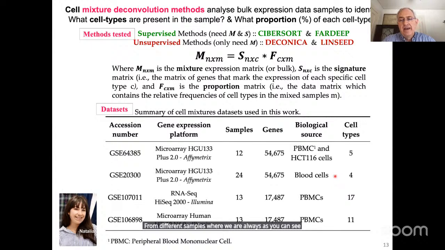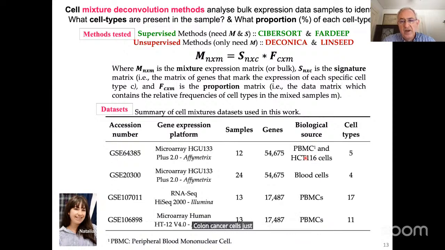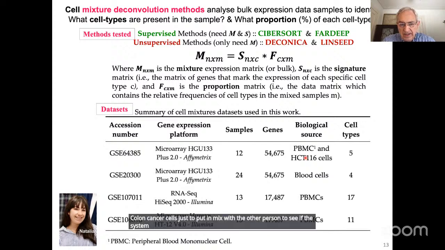The samples are peripheral blood mononuclear cells, and in one case, a control experiment, they prepared a control mixture and added cancer cells. Those are colon cancer cells, mixed with the other cells to see if the system recognizes the cancer cells from the other cells.